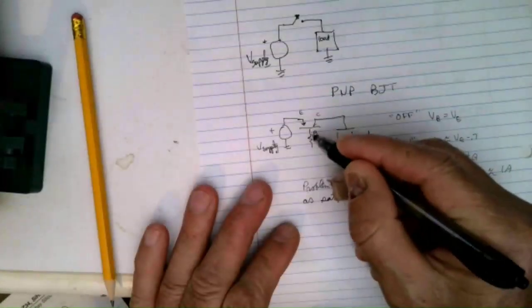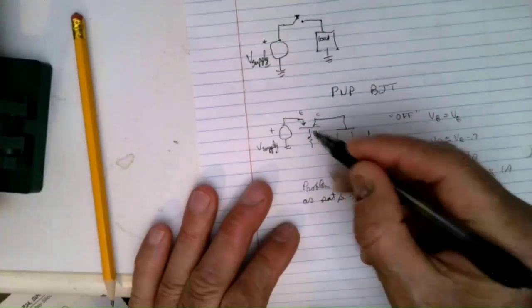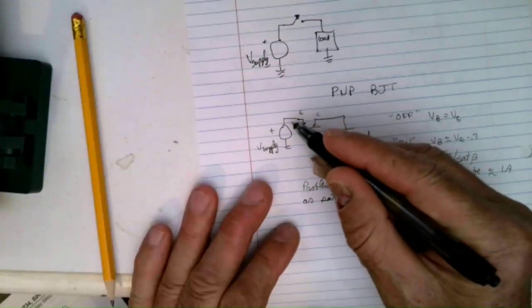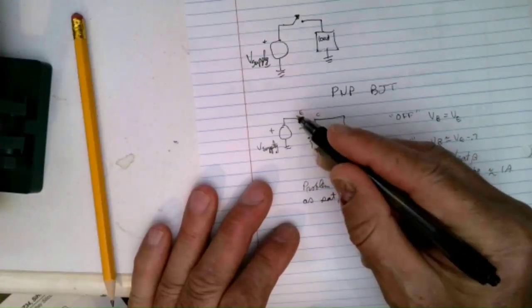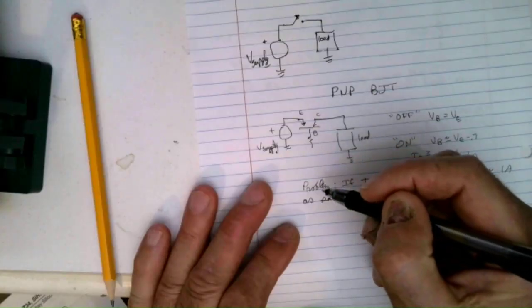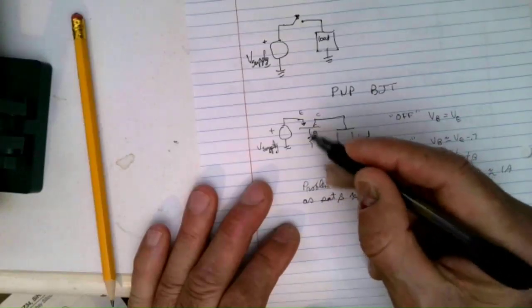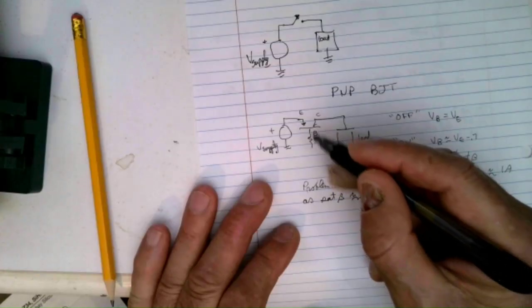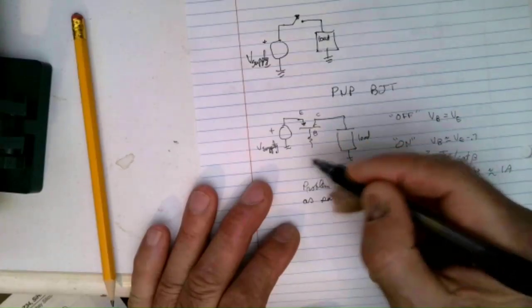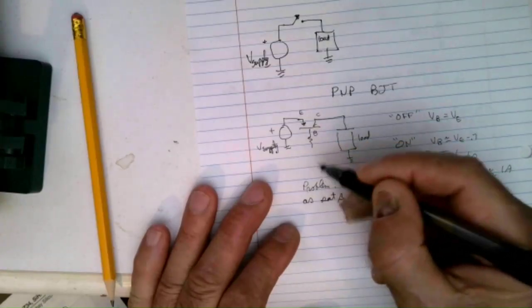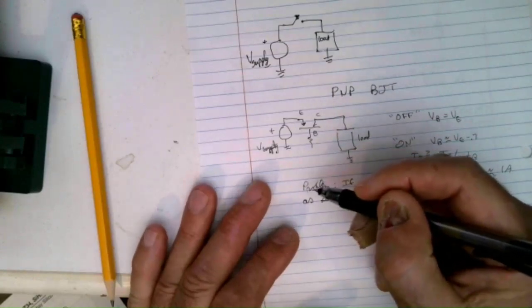It means that you've got a fair amount of current, a fair amount of power wasted, and that current just basically goes to ground, doesn't do anything, and then you have a fair amount of power dissipation in this resistor here, and maybe some in the NPN that's controlling this device.